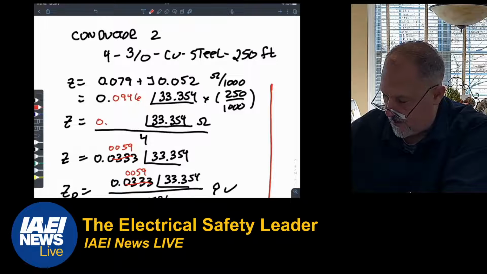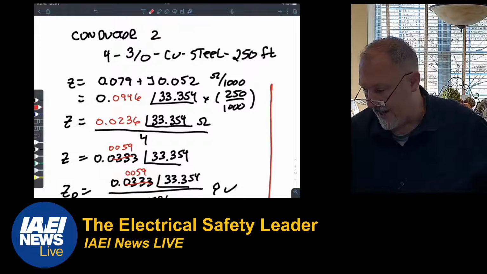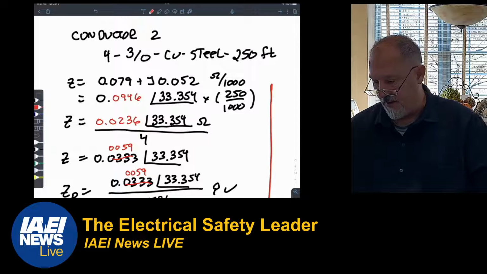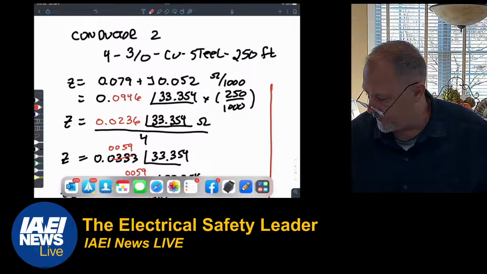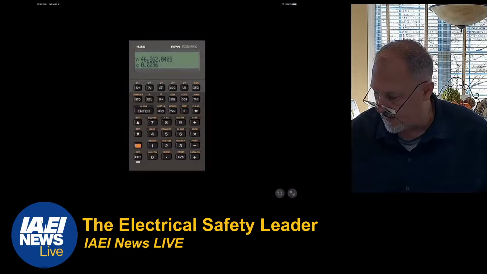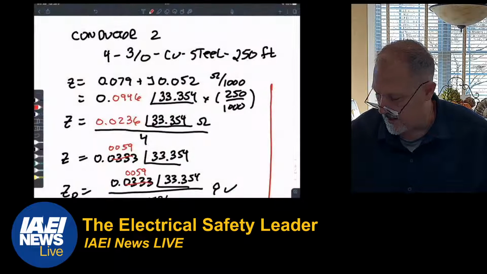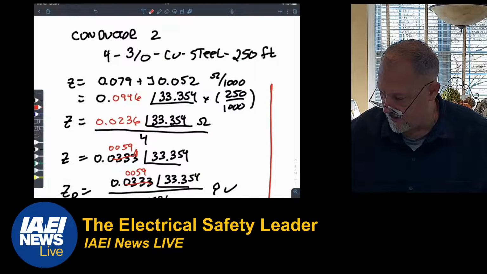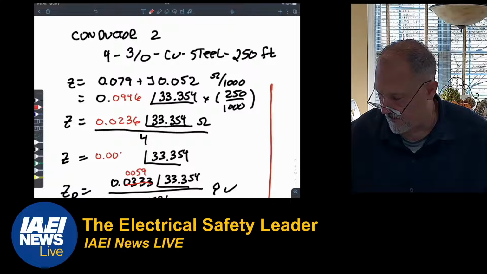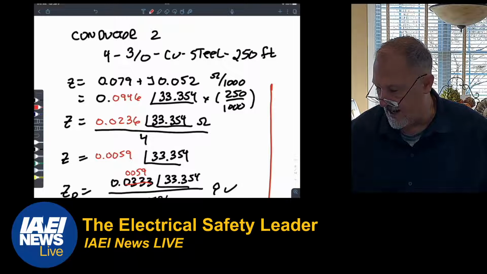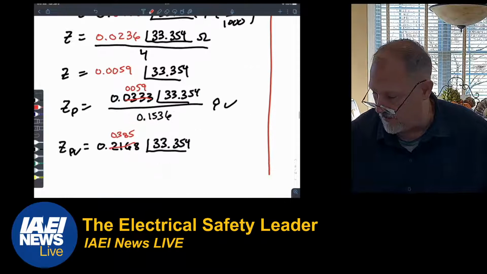So 0.0236, at an angle of 33.5354. Divide that by 4. 0.0236 divided by 4 is 0.0059. So this should have been 0.0059, at an angle of 33.354.